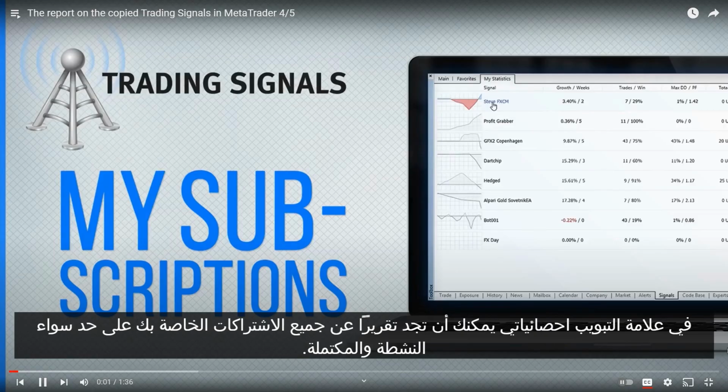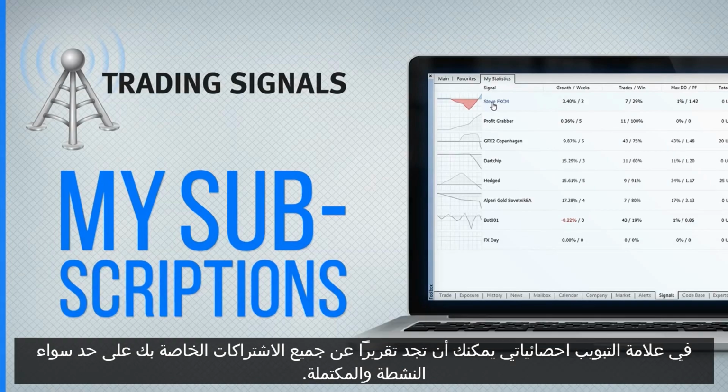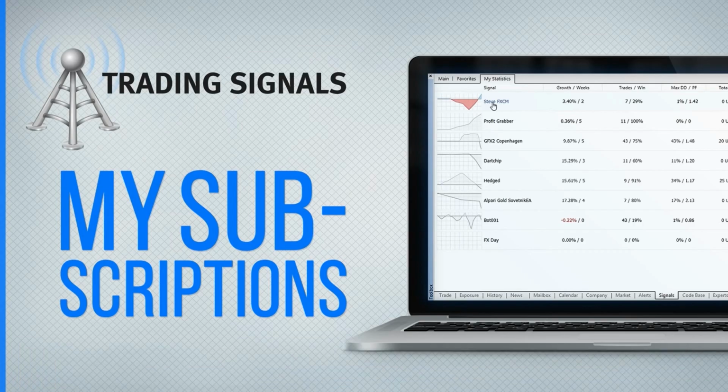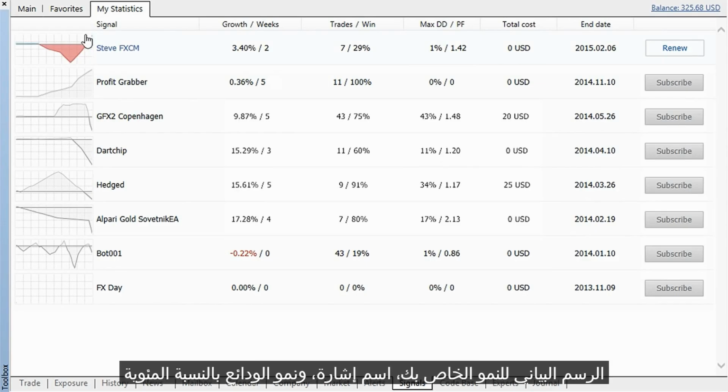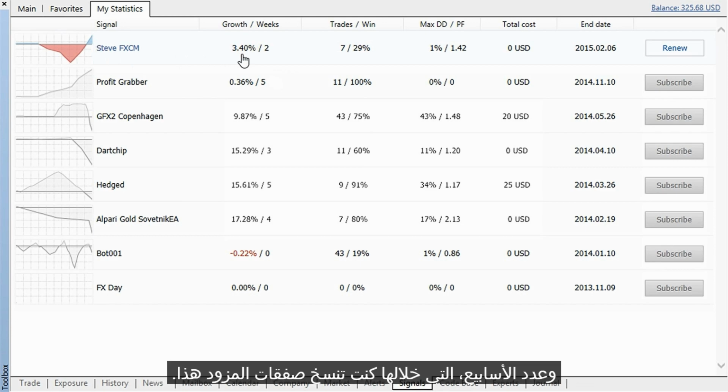In the My Statistics tab, you can find a report on all your subscriptions, both active and completed. The list contains the following information: your growth chart, name of the signal, growth of the deposit in percent, and the number of weeks during which you are copying the provider's deals.